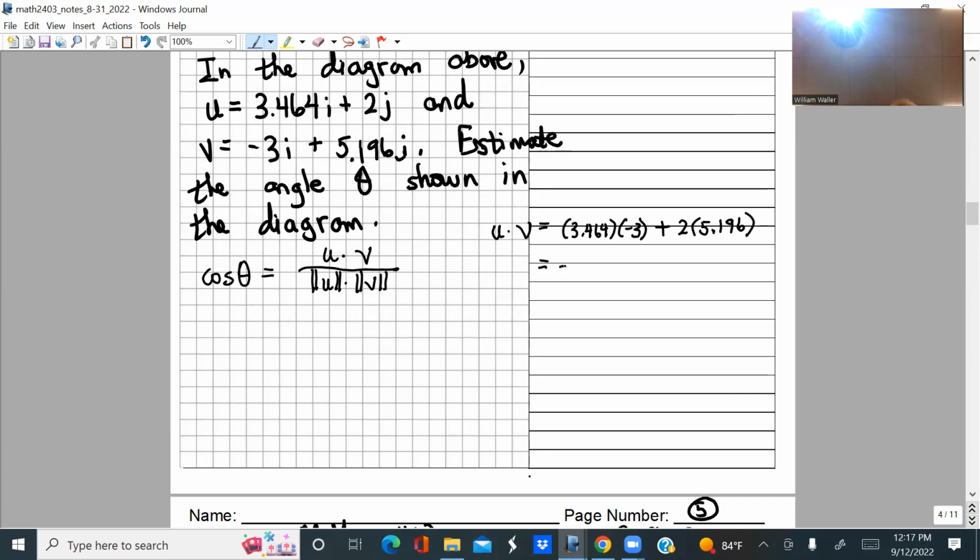Let's see, this is going to be negative 10 something. What does that work out to be? Can y'all do that for me? Negative 10.392.